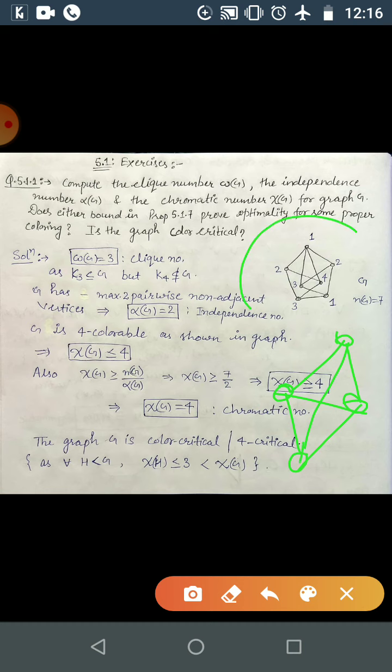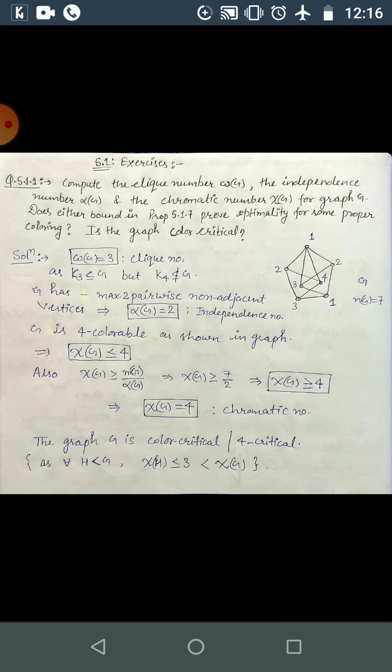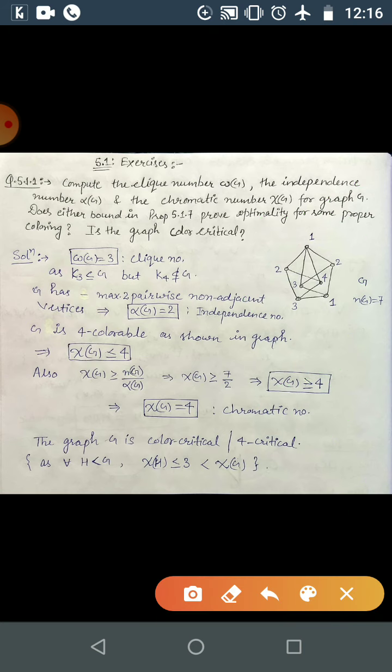So does there exist any K4 as a subgraph of this graph? In K4, all four vertices are mutually adjacent. Here there is no K4; K4 is not a subgraph of G. But K3 is part of this graph, and you can see many K3s here, but no K4 exists.